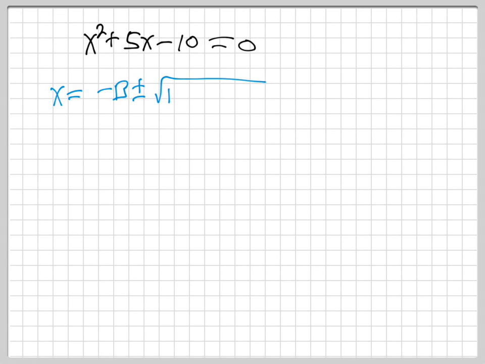Let's go over here. x squared plus 5x minus 10 is 0. And I'm going to write out the quadratic formula. x equals negative b plus or minus the square root of b squared minus 4ac all over 2a. Let's identify. a is 1, b is 5, c is negative 10.